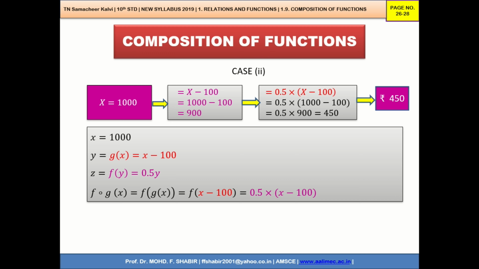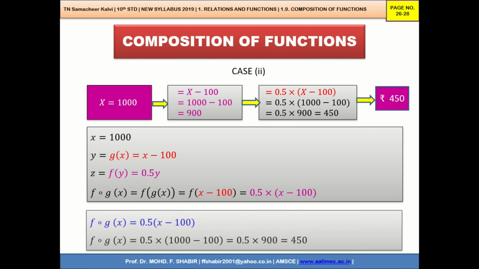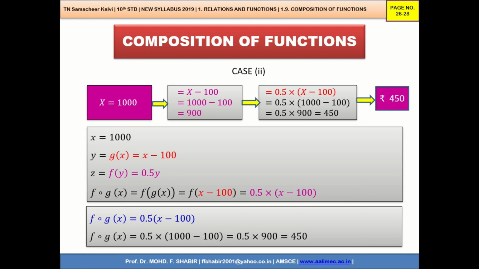Therefore f of x minus 100 is equal to 0.5 into x minus 100. Now the expression f of g of x is equal to 0.5 into x minus 100. With x equal to 1000, 0.5 into 1000 minus 100 is 0.5 into 900, which equals 450.